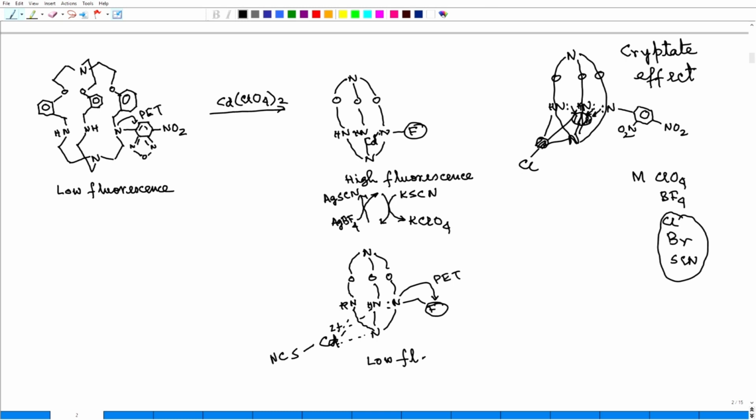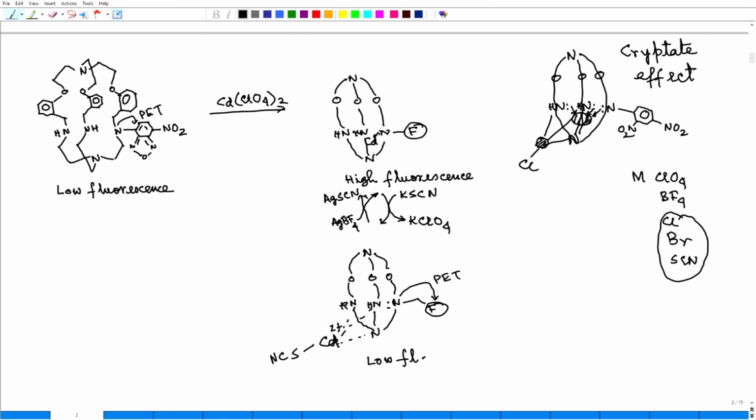But again we give silver tetrafluoroborate. Silver thiocyanate comes out, so thiocyanate goes out and BF4 is hanging there, which has almost no coordinating ability. So cadmium goes in again, because cadmium likes 4 donors.